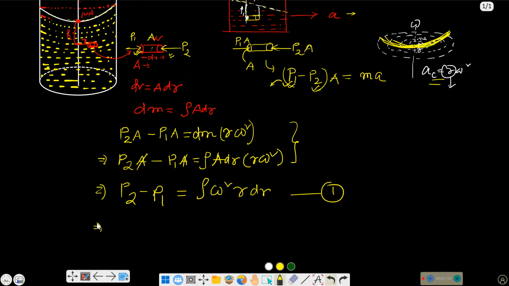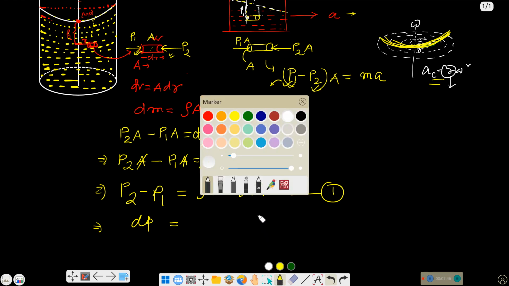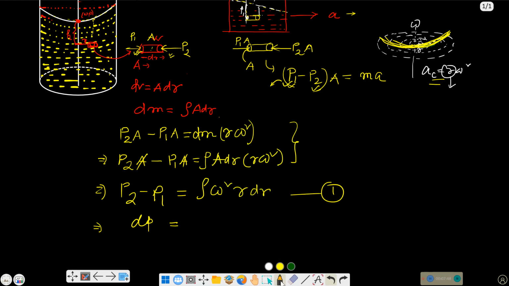Since this element is very small, we can take this as dp, for the point element at a height y from the free surface.